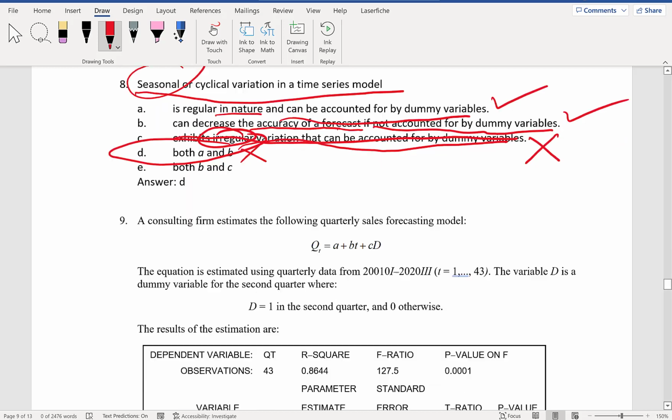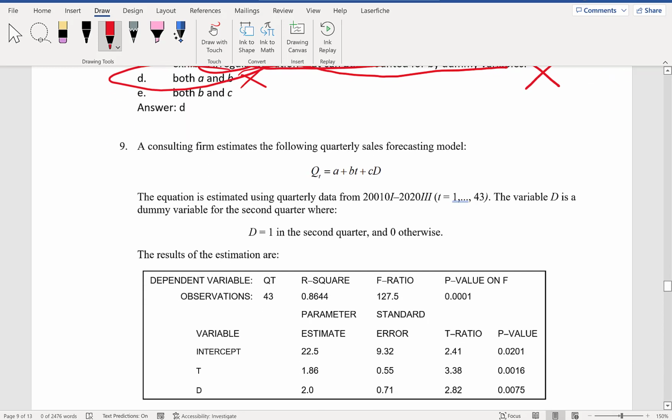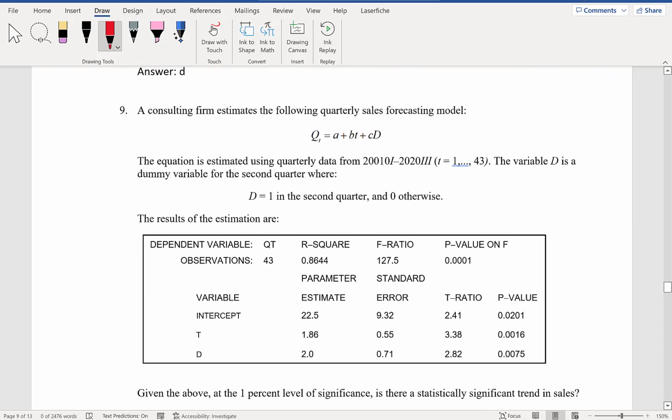Let's do number 9. So this is a model with dummy variables. The consulting firm estimates the following quarterly sales forecasting model, QT equals A plus BT plus CD. The equation is estimated using quarterly data from 2001.